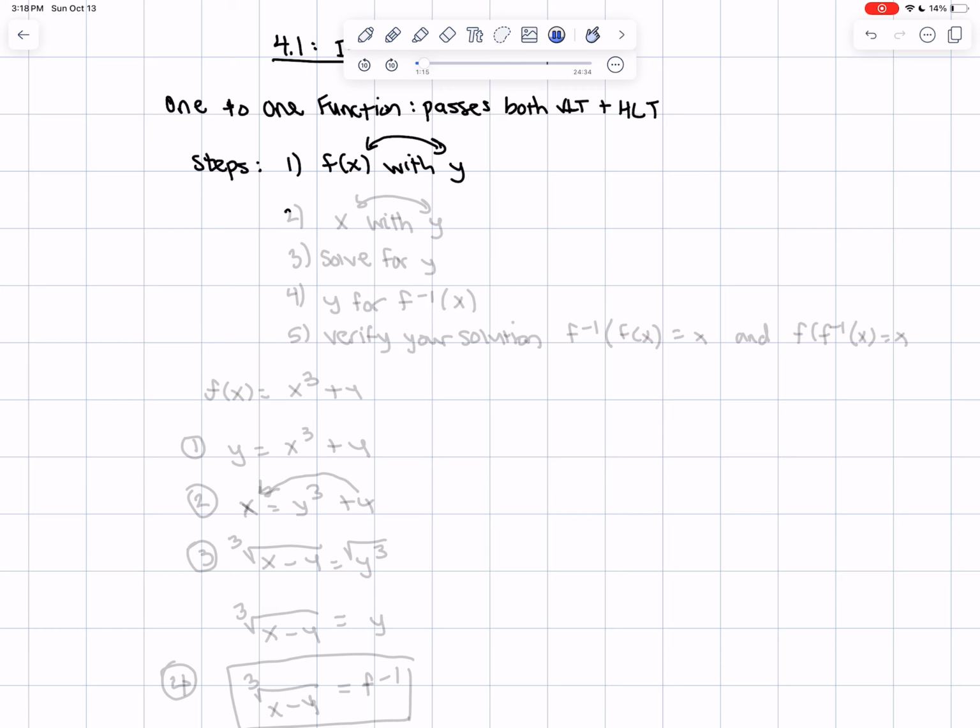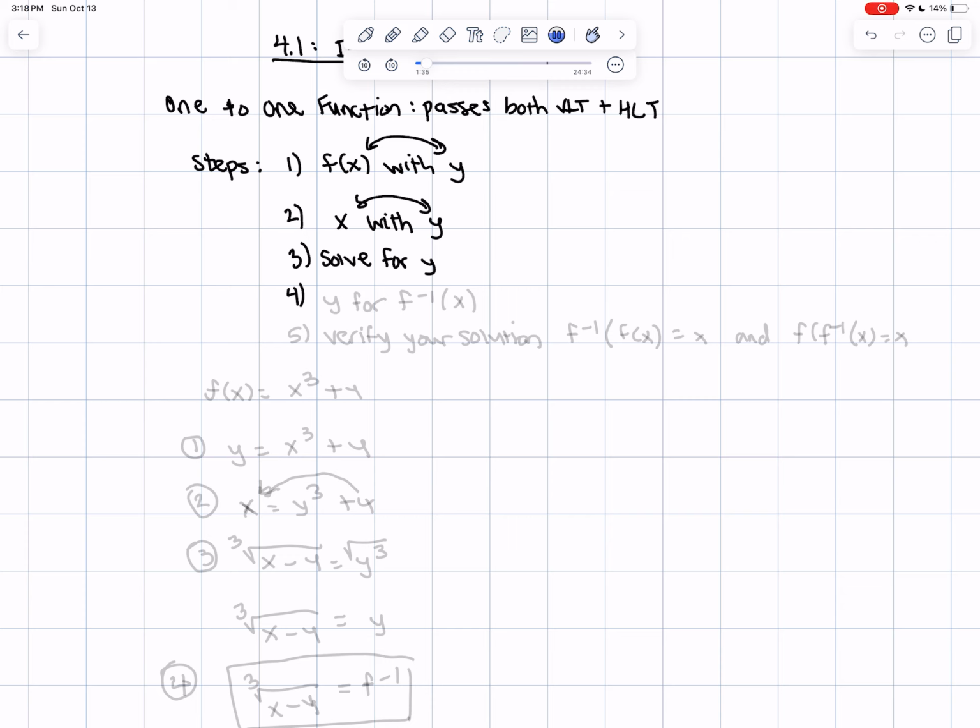And then the next step is to exchange x with y, so they flip. The third step is to solve the equation for y, solve for y in terms of x.